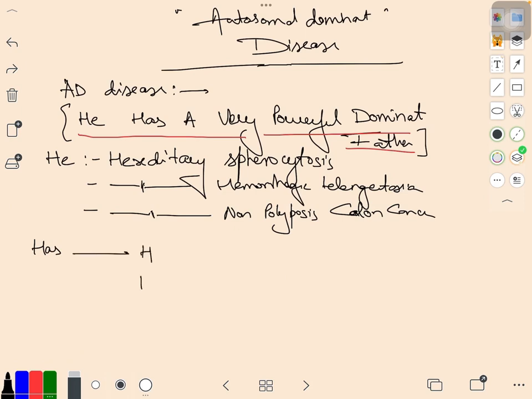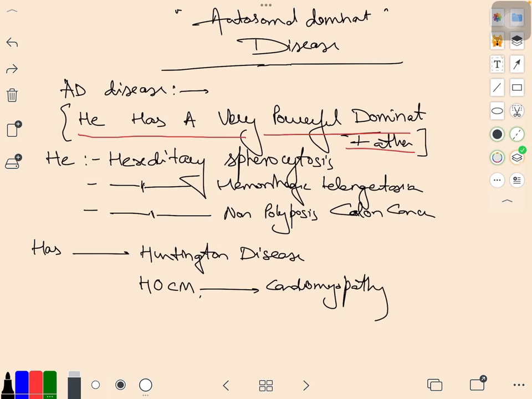Then HAS. For this one, we have two H's. First is Huntington's disease, and second one is HOCM, which is a cardiomyopathy. He has, then we have A. A represents AD PCKD, or simply called PKD, which is polycystic kidney disease.